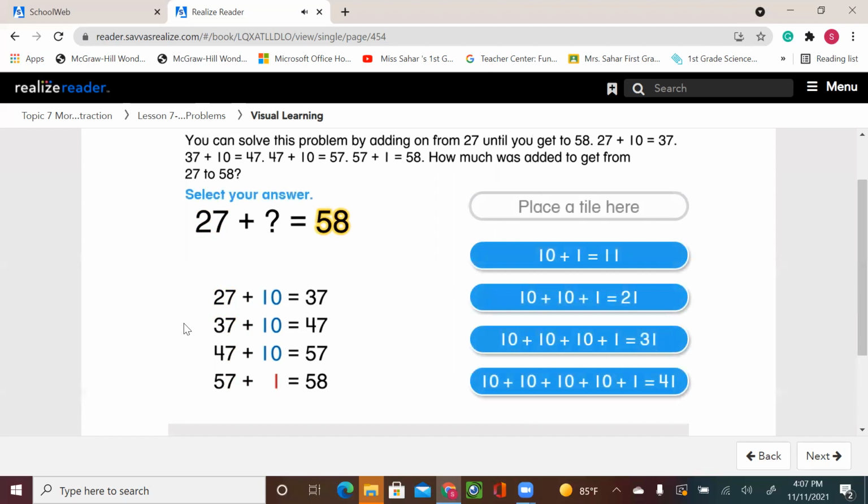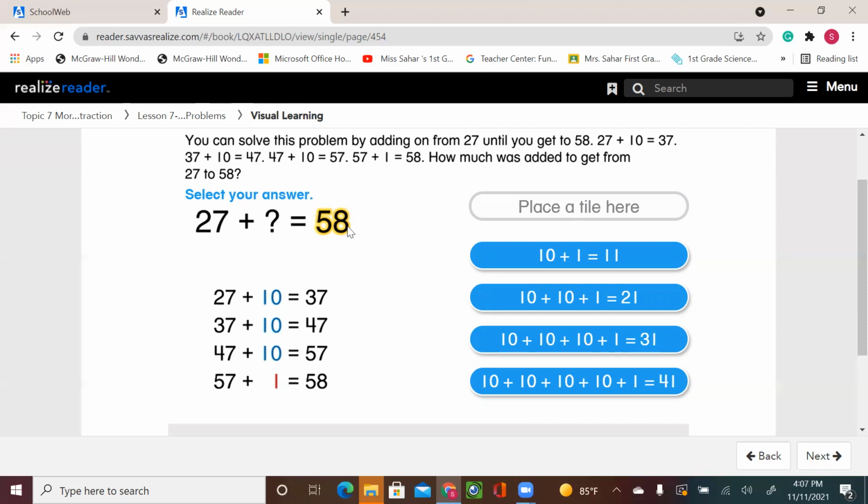So to solve this problem, I know that I need to add on. I'm starting from 27. That's the first addend I have. And I'm going to add on till I reach 58. That's the whole, or the total, that we have. So 27 plus 10, like I'm using a number line or mental math, jumping 10 by 10. 27 plus 10, 37. 37 plus 10, 47. 47 plus 10, 57.